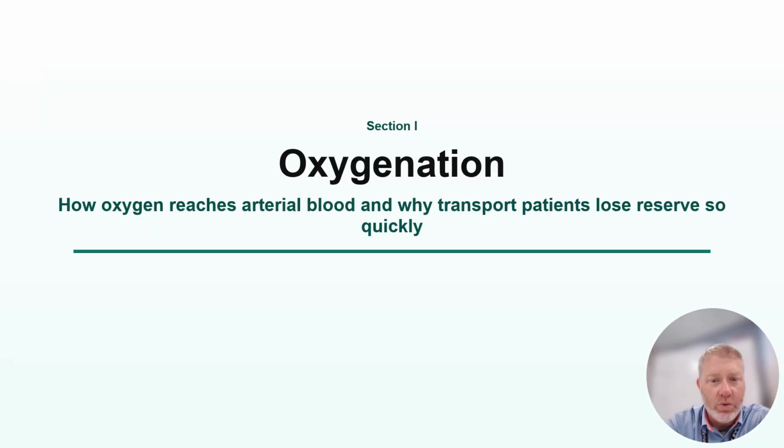All right, so section 1 for oxygenation, we'll start by zooming out and looking at oxygenation as a system. So instead of asking, what liter flow should I use for a nasal cannula, I want you to think along the lines of, where along the oxygen pathway is this patient failing, how will transport make that worse, and what can I do to make it better for the patient?